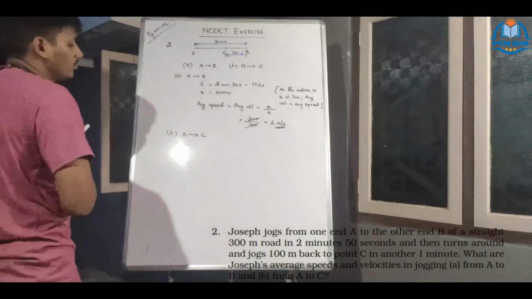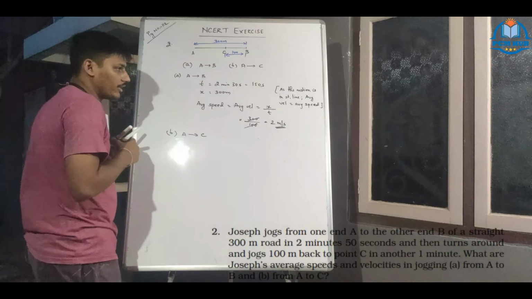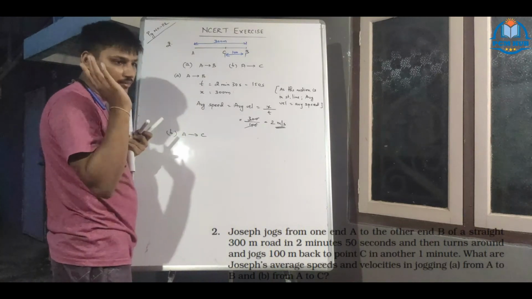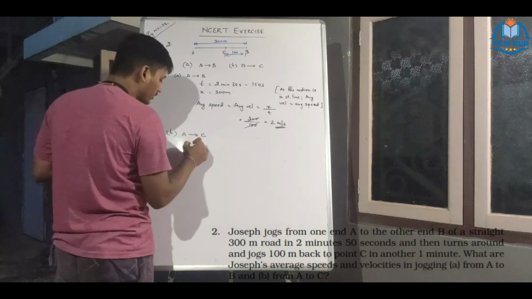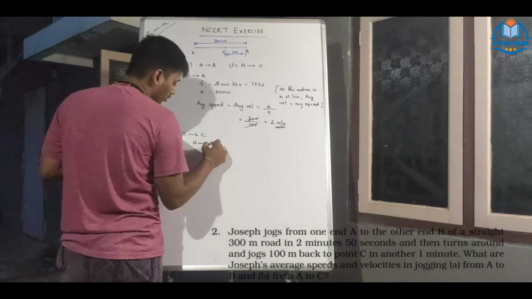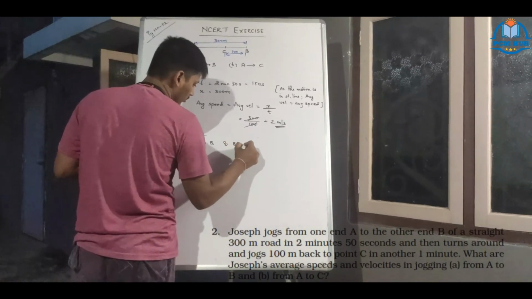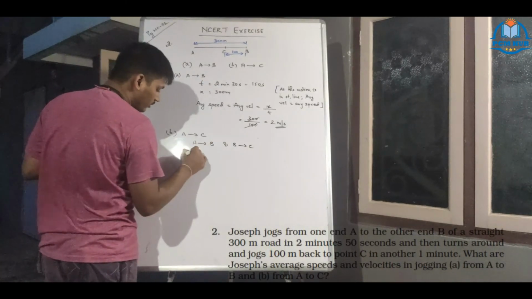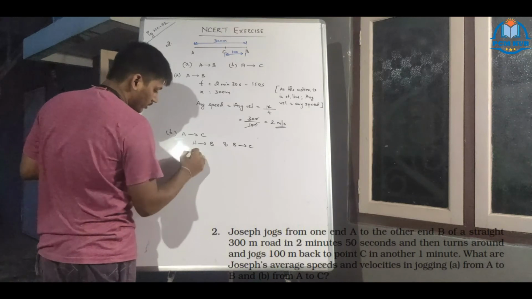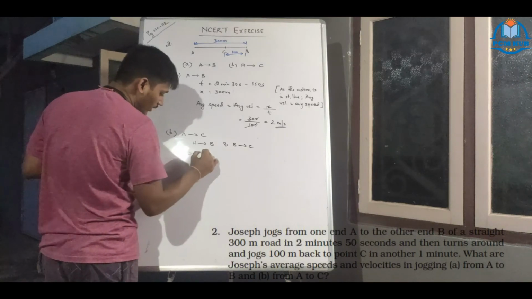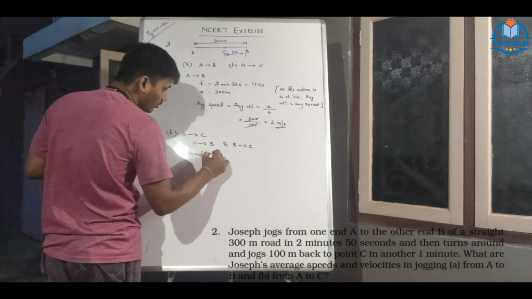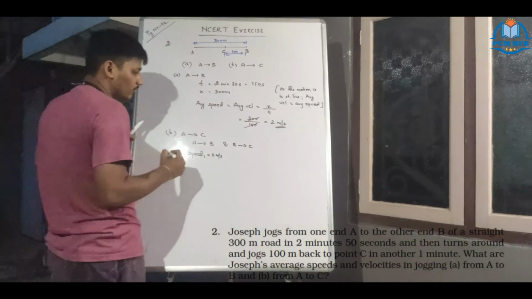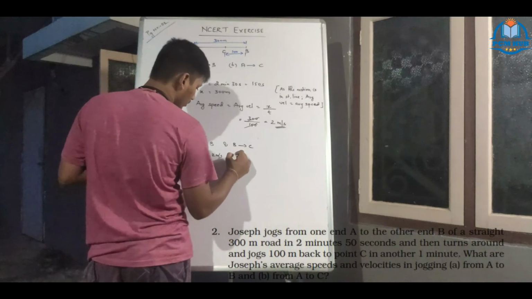So now for average speed, we need to get the speeds in individual intervals. A to C consists of A to B and B to C. From A to B, we know the speed v1 equals 2 meters per second. B to C you don't know, so for B to C also you do it.